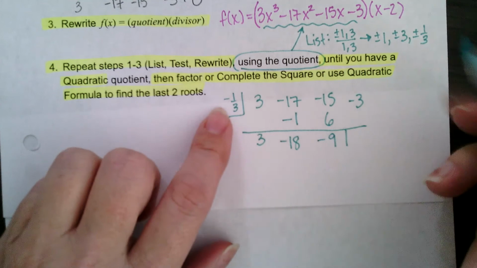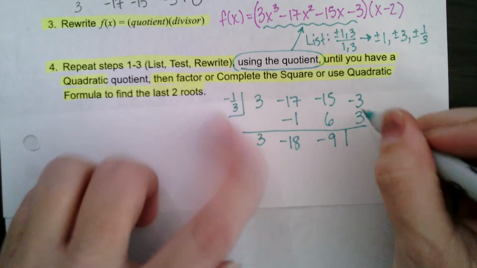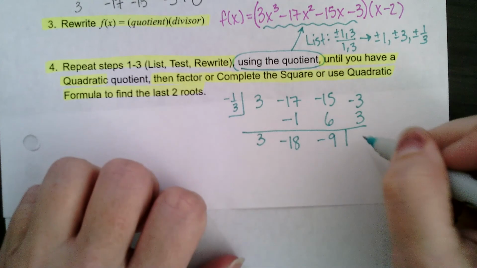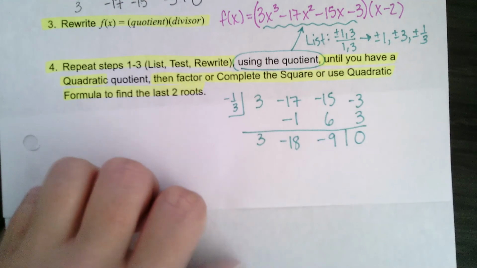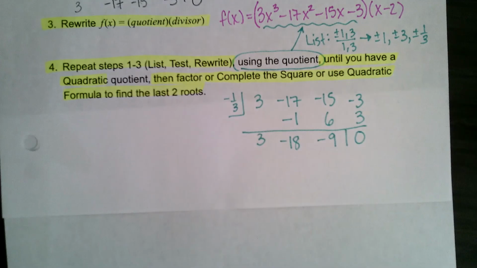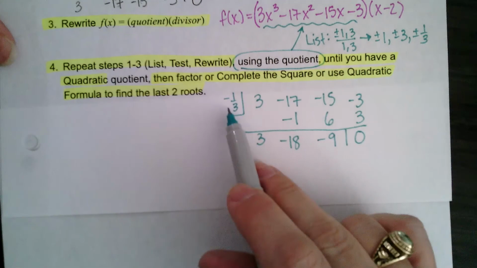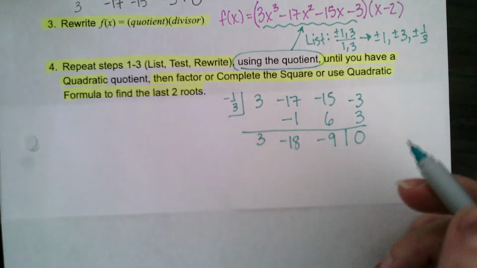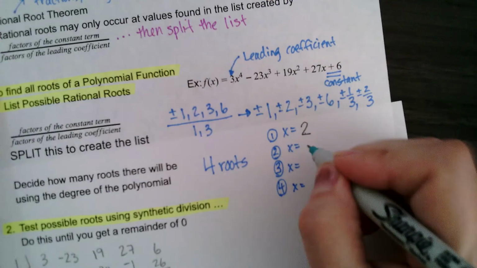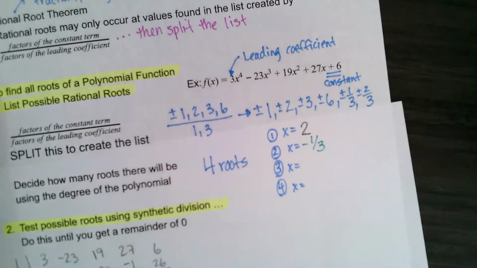Negative 9 times negative 1/3 would be 3. And then 3 plus negative 3 would be 0. So my next root that I'm putting on my list is negative 1/3. So I'm going back to my roots list and writing negative 1/3 as my second root.